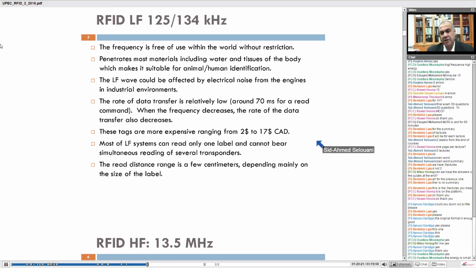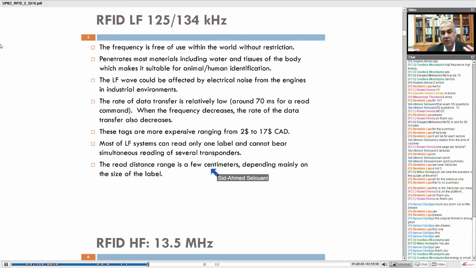So if you want to identify a body, remember the soldiers usually have a piece of metal to identify them with their name, and if you have a tag like that, you can take a reader close to this tag, and then you can get all the information.